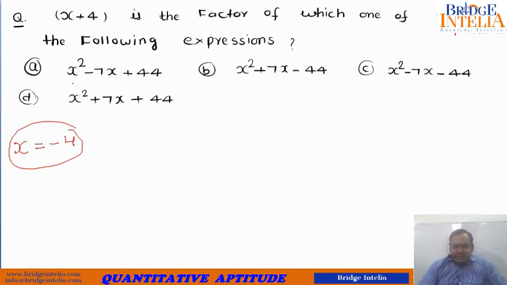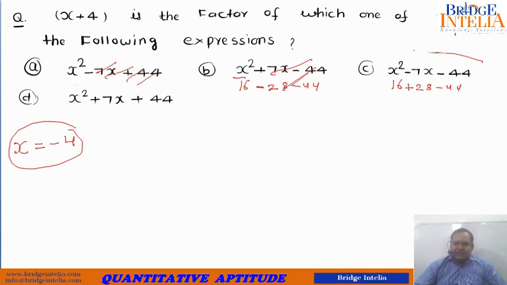Does this become 0? So this will become 16 plus 5. No, this will be all positive. Does this become 0? This will be positive. So this will be 16 minus 28 minus 44. So this again will not be equal to 0. What about this? This will be 16 minus minus plus. So 16 plus 28 and minus what?